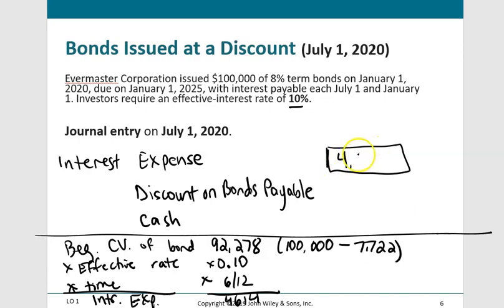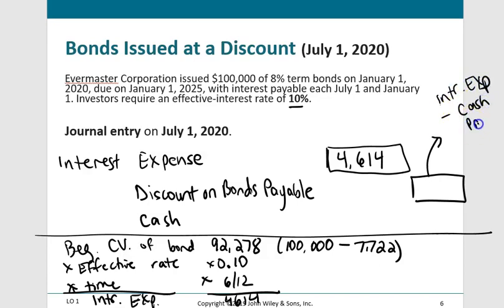Debit interest expense 4,614. The amount of the discount is going to be the difference between the interest expense and the cash payment. So as we can see, we can't solve for the discount yet until we put in the amount of the cash payment, and then the discount amortization is going to be the difference between the interest expense and the cash payment.